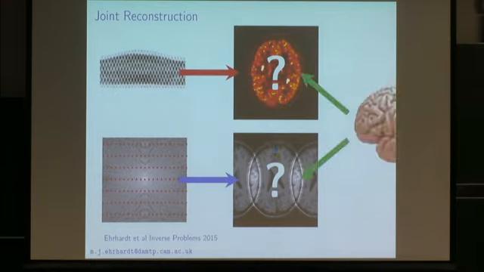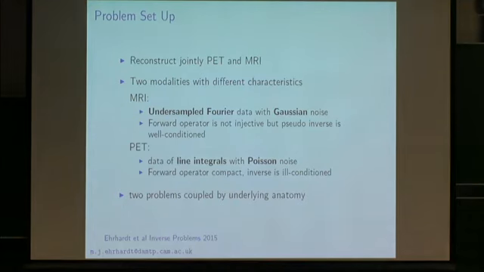Instead, we look at how to combine all of this to reconstruct the PET image from the PET data and the MR image from the MR data, by having the joint a priori information that they both come from the same anatomy.